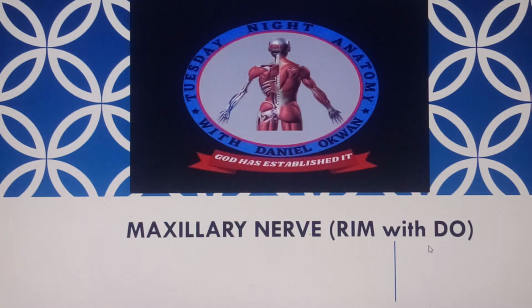And by way of talking about the roof of maxilla, we know we are talking about the floor of the orbit. So we should be able to tell all these important relations about this nerve. So my friends, at the end of this section, you should be able to tell the complete story behind this maxillary nerve. And so, without much ado, let's set the ball rolling.